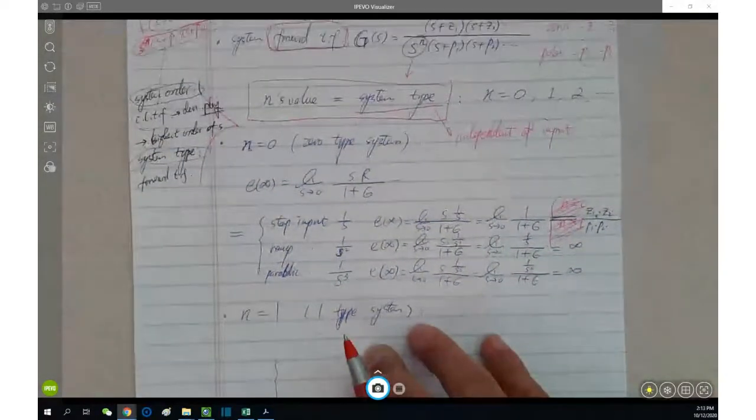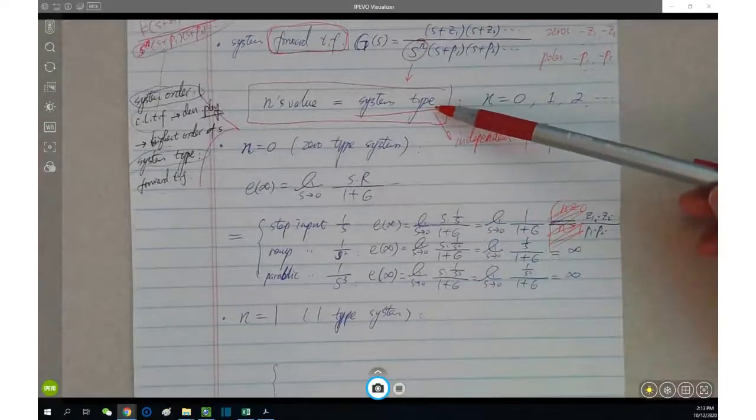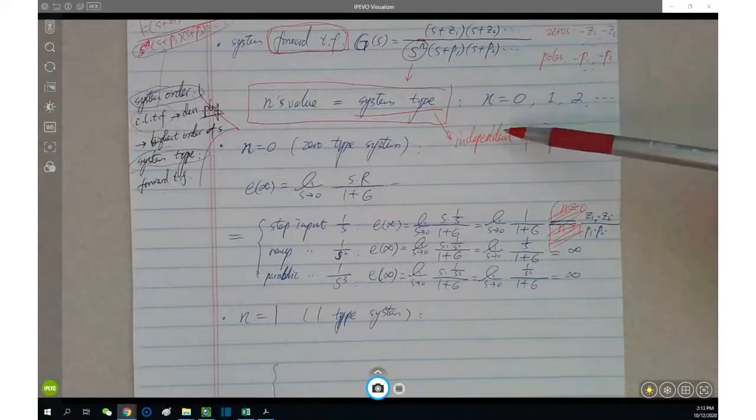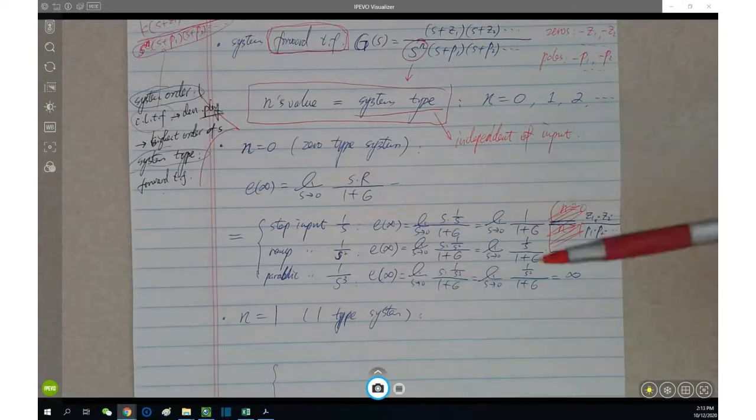However, never mess up the system type concept, which is what? Independent of the input. No matter what the input is, we are talking about a system type, which is independent of input, right? And that makes perfect sense, actually.